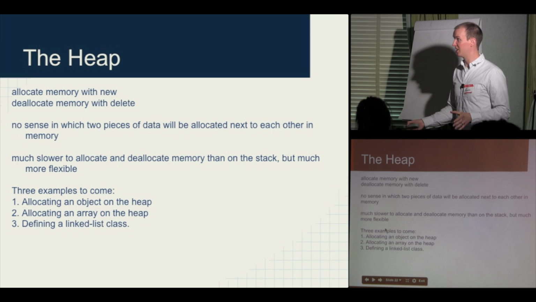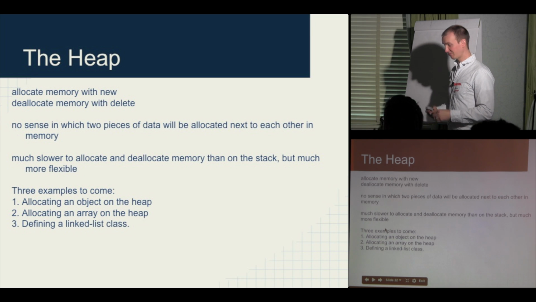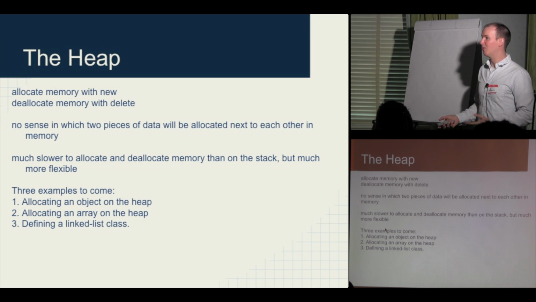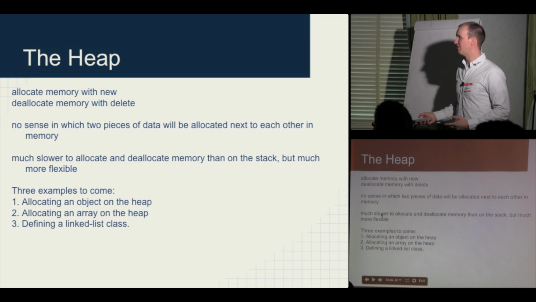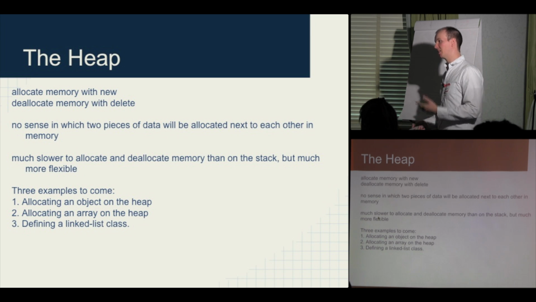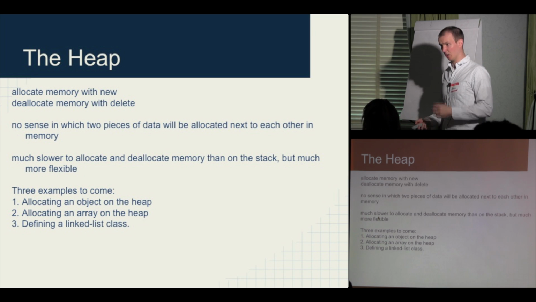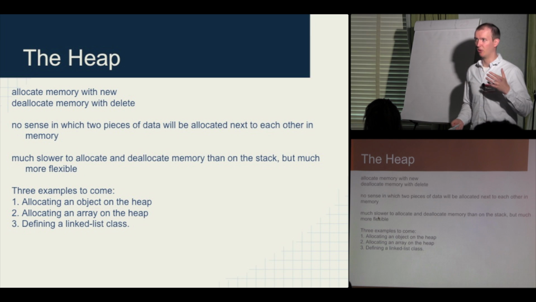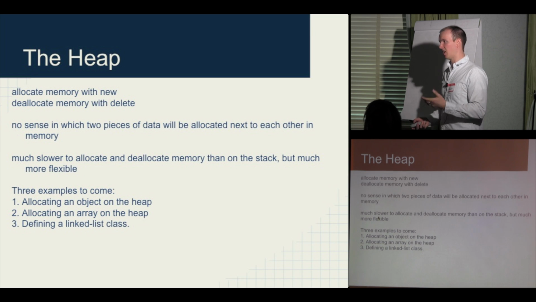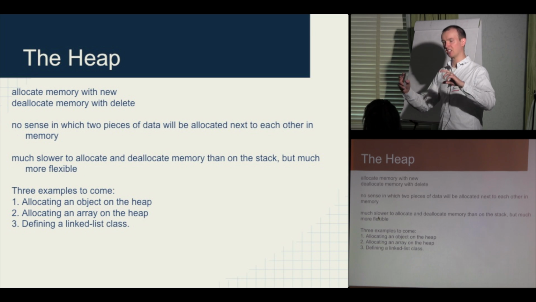The heap has its own set of challenges associated with it, and you have to use one of the two. So it's good to just know what the drawbacks and the advantages of each are. One thing about the heap is that it's much slower to allocate memory on the heap and much slower to deallocate memory off of it once you're done with it. So if you have a function, for instance, and you have a choice between handing that function a string or a string reference, it's a lot faster to hand the reference because the reference gets allocated on the stack.